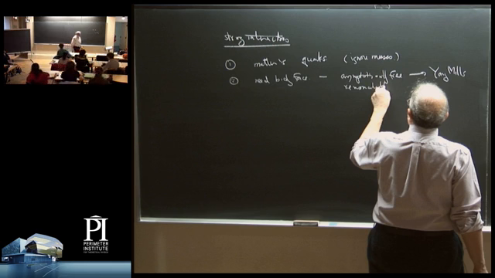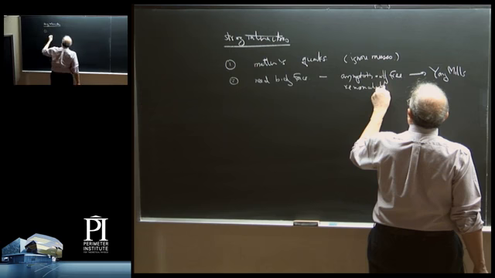Actually, we now know more or less everything that we have to know to build the theory of the strong interactions. The ingredients of the theory of the strong interactions are, first of all, that the matter is quarks, and I'm going to ignore the masses.